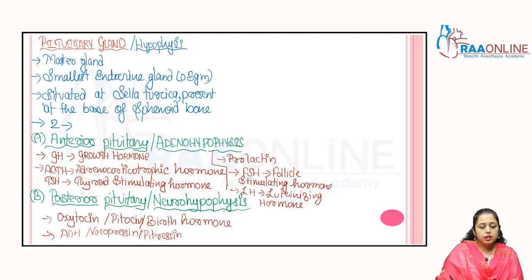Both these hormones are secreted by the neurohypophysis, but when we talk about their synthesis, they are synthesized by the hypothalamus but secreted by the posterior pituitary, right?